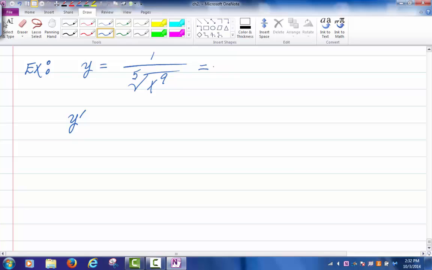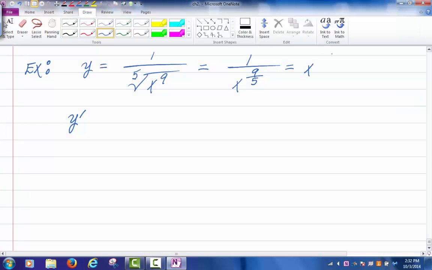Yeah, you rewrite it as just a power of x, right? First of all, it is x to the 9 fifths, and then that's the same as x to the negative 9 fifths. And so by the power rule, I get negative 9 fifths x to the negative 9 fifths minus 1.